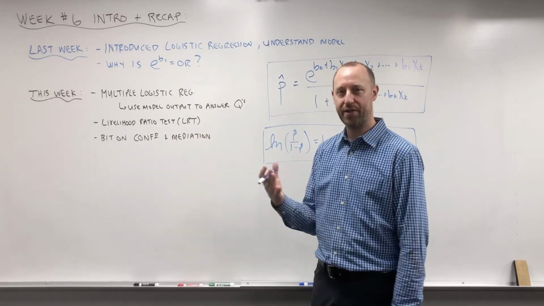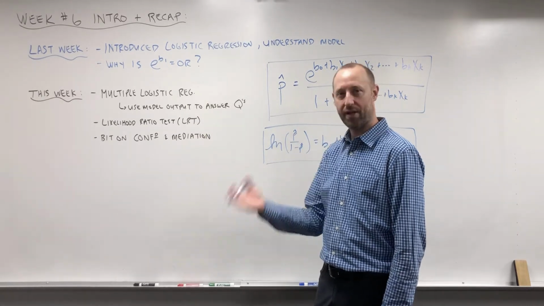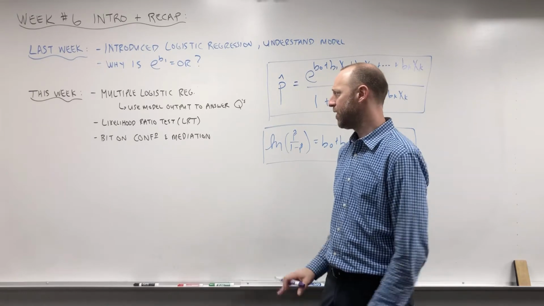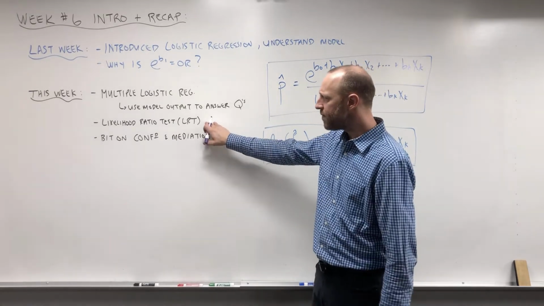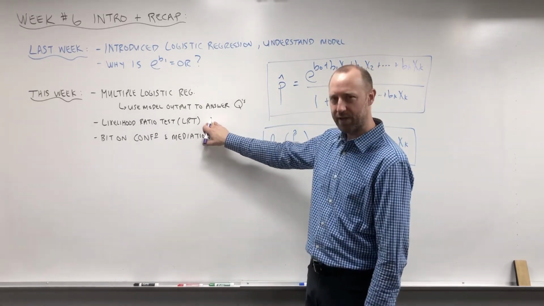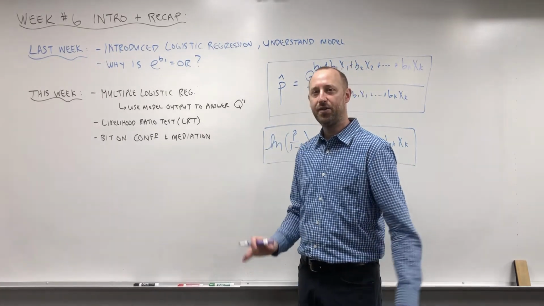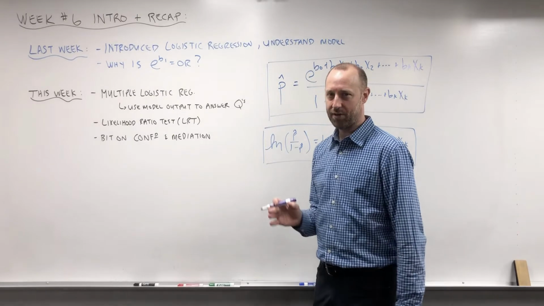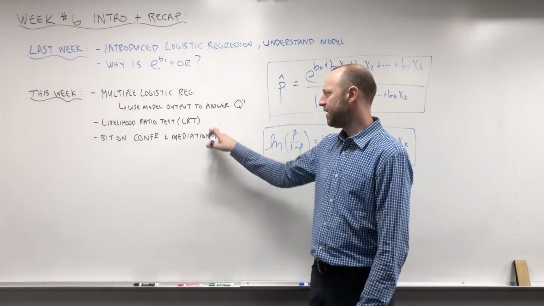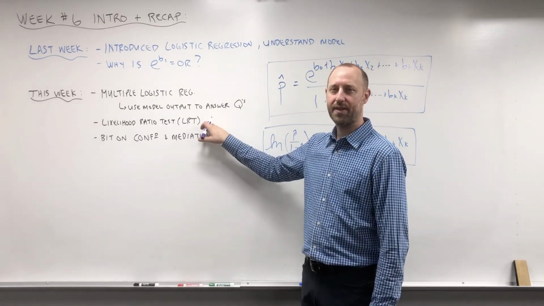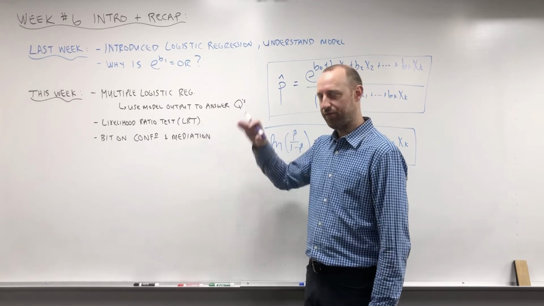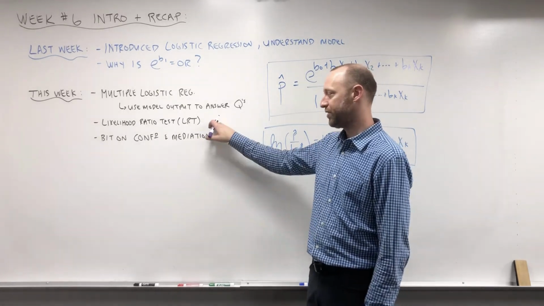Okay, to see how we can use logistic regression model and interpret the output, try and answer a few different questions. Then we're going to look at the likelihood ratio test, which I'm going to abbreviate LRT. This is a test used to compare nested models, testing for a significant difference. It's the exact same concept as the partial F test that we learned for linear regression, just applied to logistic regression.